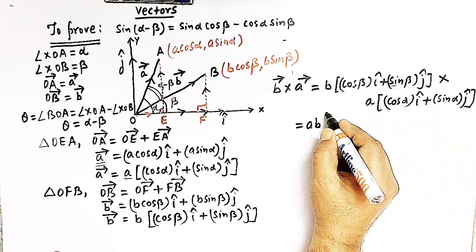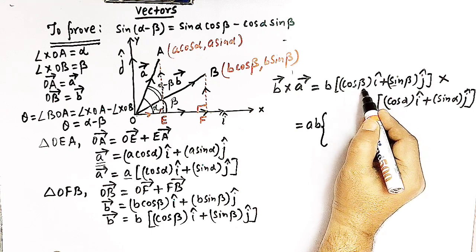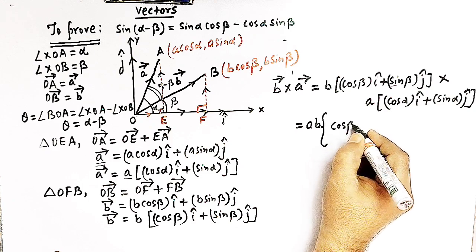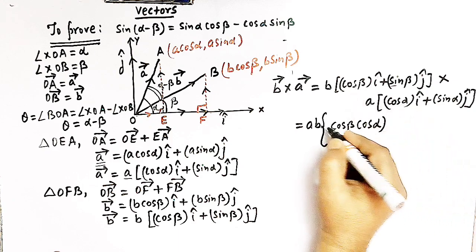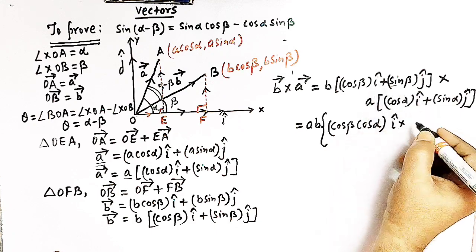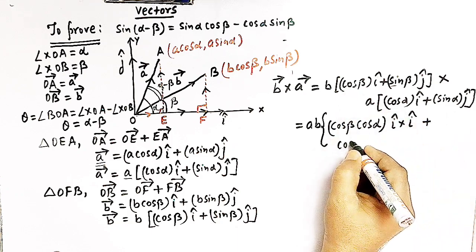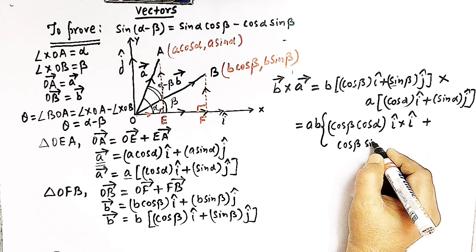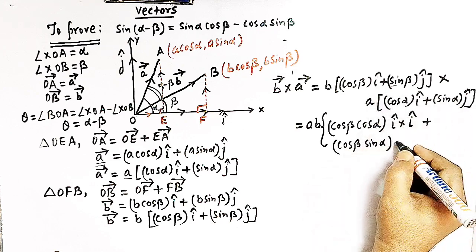So we can now write, first we'll multiply this term with this one. So we have cos beta times cos alpha, and here we have I cross I. Then we have cos beta and sine alpha, and we have I cross j, right?